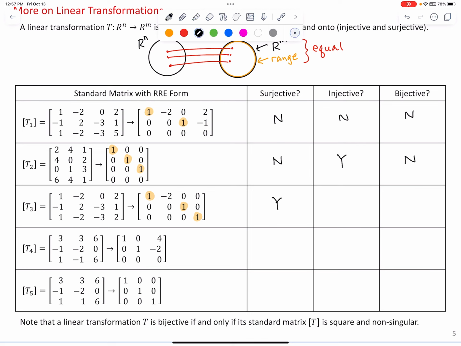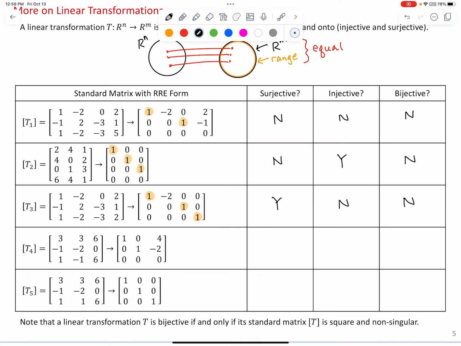However, when solving a system, notice there will be a free variable, and that will give infinitely many solutions every time we have a consistent system. So for any vector in the range, we will have infinitely many vectors in the domain that are the pre-images of that one vector in the range. So this is not one-to-one, or not injective. So overall, it's not bijective either.